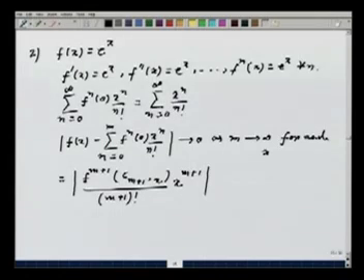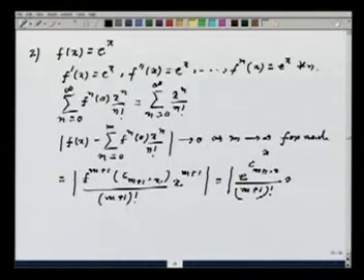Now if I write down all the quantities here, what I get is e to the power c_{m+1,x} divided by (m+1) factorial, because all the derivatives are e to the power x. So at the point c_{m+1,x}, it is e to the power c_{m+1,x} times x to the power m plus 1.